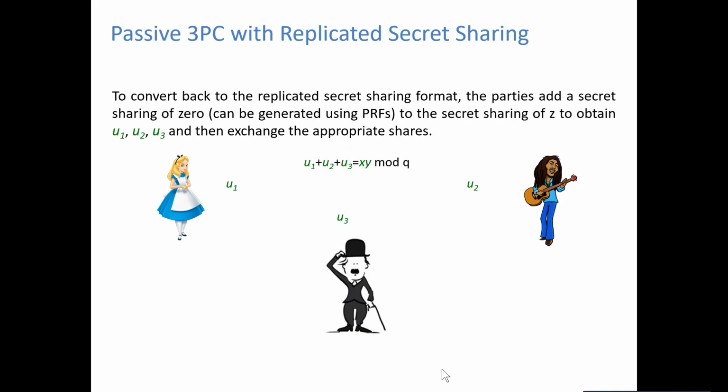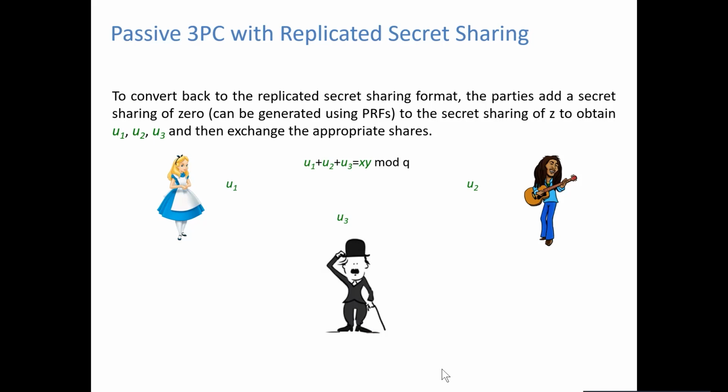And the idea here, if they don't want to leak any information, is what they will normally do is the following. They will compute a secret sharing of the value 0. And this can be done very efficiently by using a PRF. You have a PRF where the keys are shared among some parties, and you can compute shares of 0.